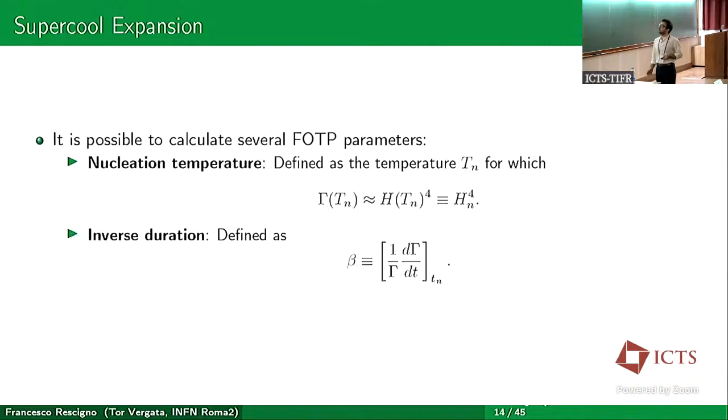It is possible to calculate several first-order phase transition parameters. In particular, the 2 relevant for our discussion are the nucleation temperature, defined as the solution of this equation, while the inverse duration is defined with this expression here.